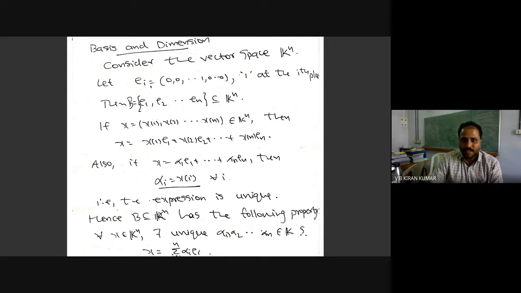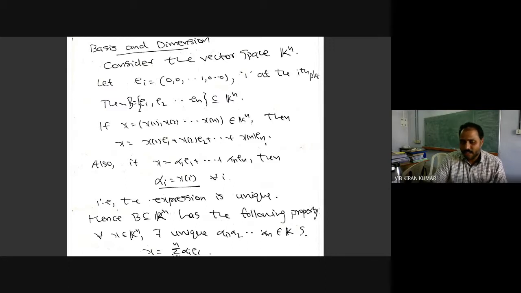Now you consider the set E1, E2, etc., En, a subset of K^n. The property of this set is that you start from any x here. x is x1, x2, etc., xn. Then x can be written as x1 E1 plus x2 E2 plus etc. plus xn En. That means x can be written as a linear combination of E1, E2, etc., En.